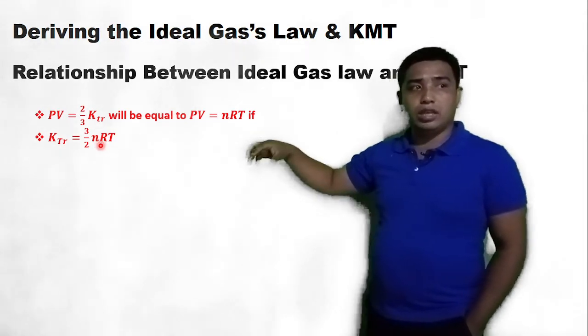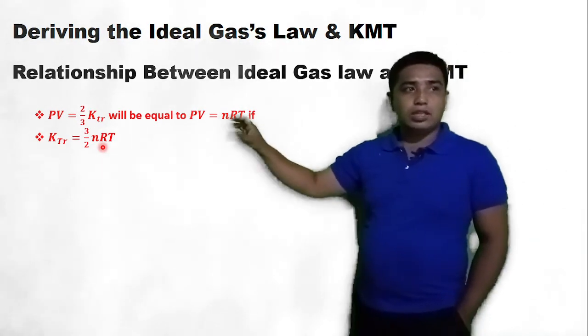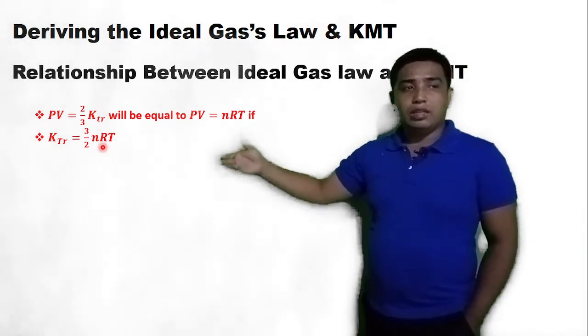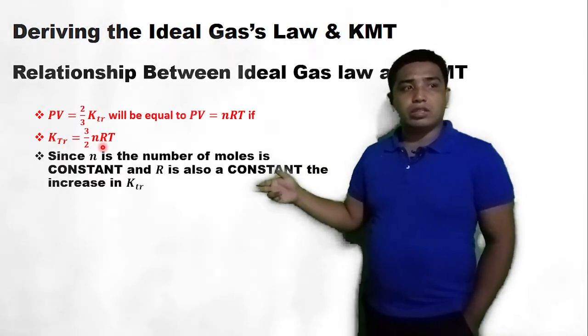So you will see that we just substitute things, since n is the number of moles and is constant, and R is also constant.